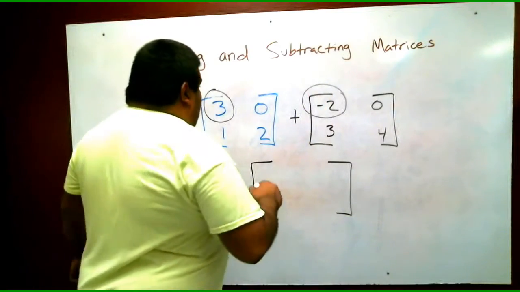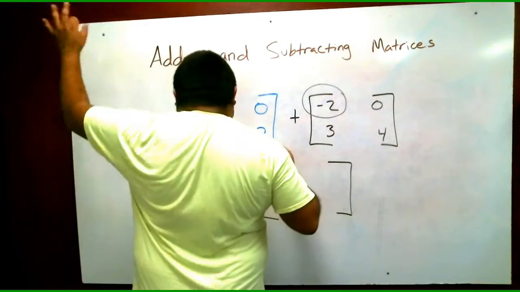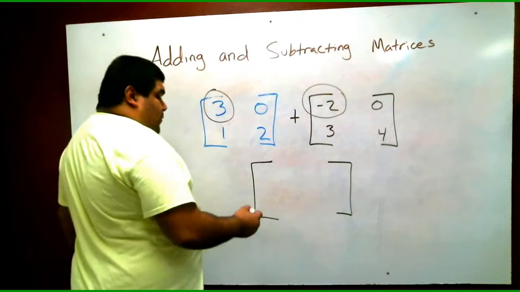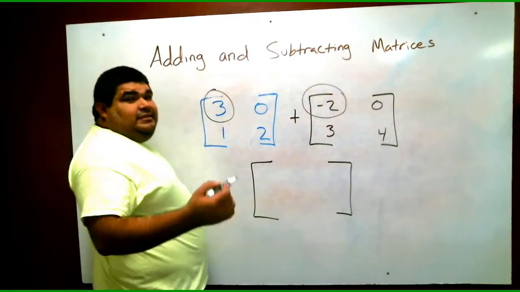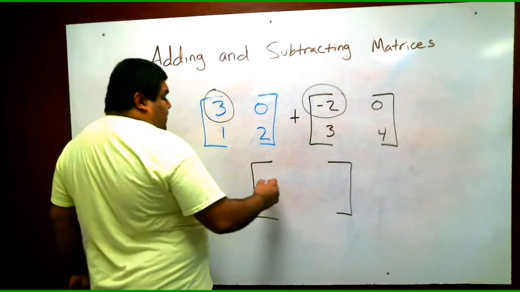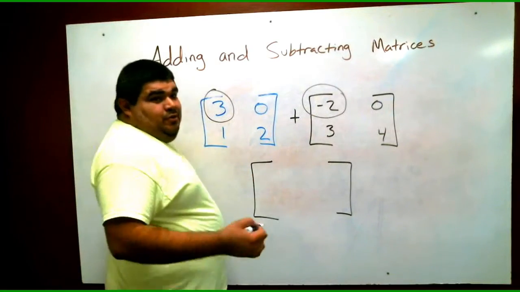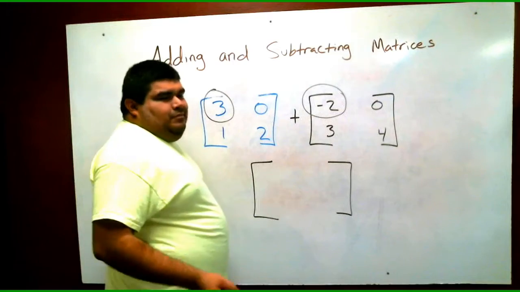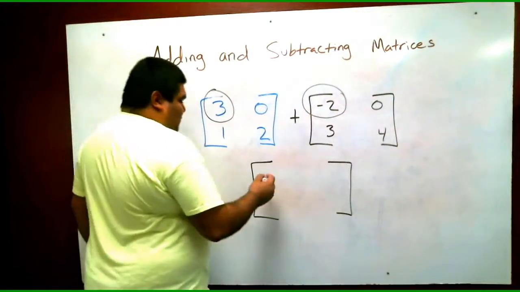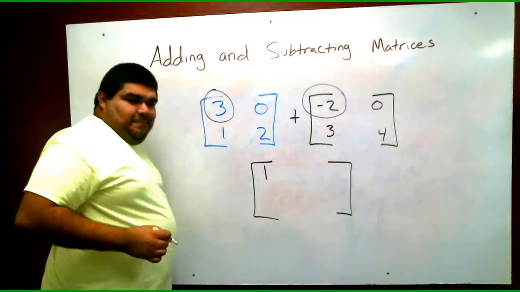Now we have to put the answer in the same exact location as the numbers we combine. So on the left upper corner. There you go. All right, so 3 minus 2 is 1.